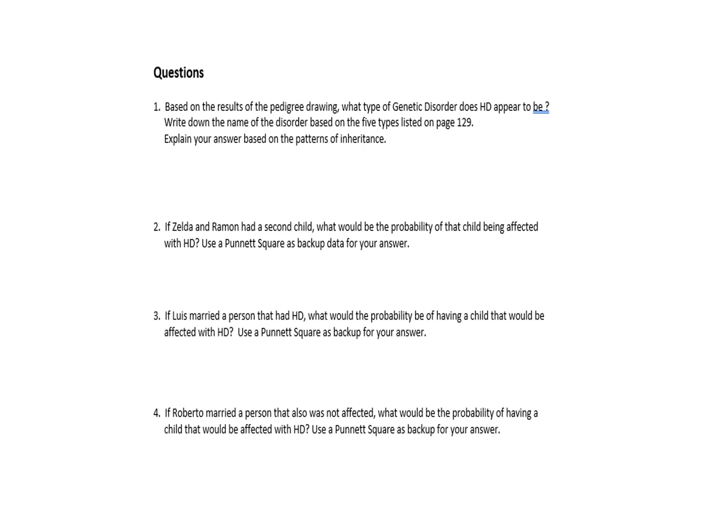So there's a 50-50 chance that the offspring would have the affliction. So you do that for all 4 of these, and then make sure you read the questions carefully and know what it's saying. Don't make any assumptions, but write down what you know and go from there. All right, and that's pretty much the assignment.